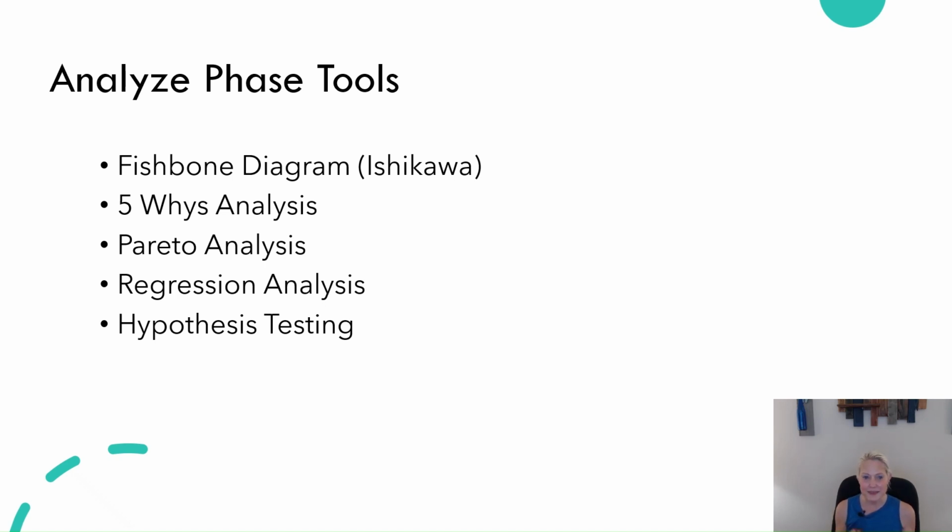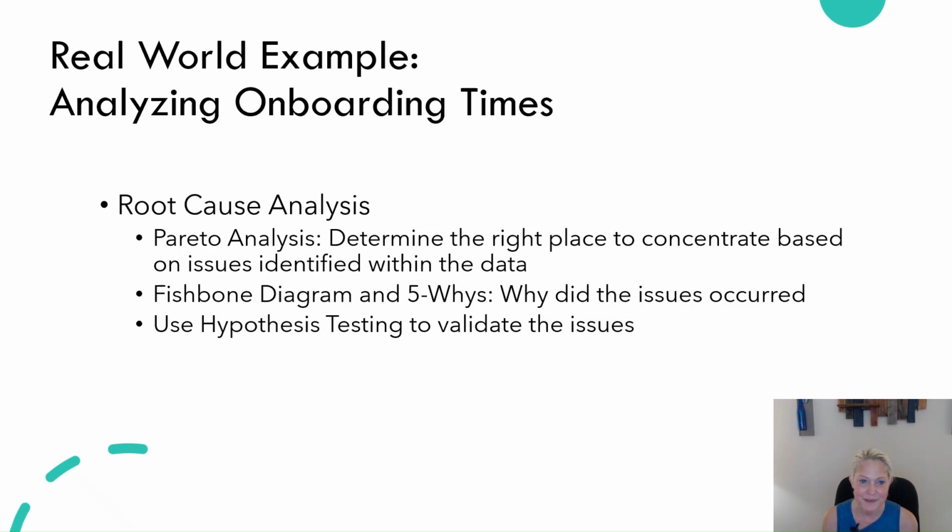And of course I would also teach you how to use the 5 whys and Pareto analysis. But as you get into green belt and then into black belt, you start to use even more advanced tools in statistics, where we do regression analysis and hypothesis testing.